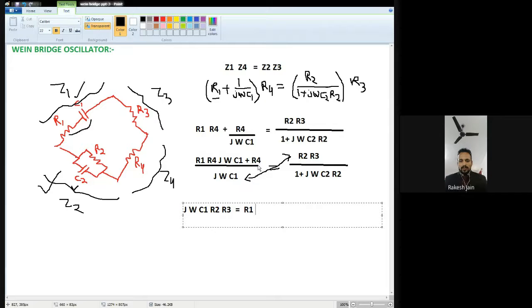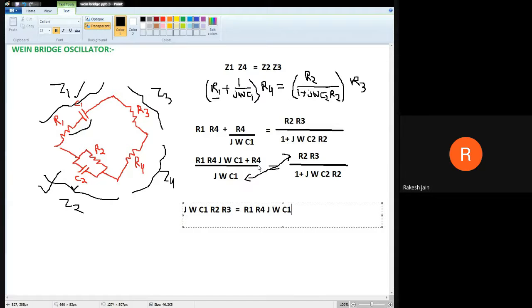So R1 R4 j omega C1 will be multiplied by 1 plus j omega C2 R2, and then the remaining term will be multiplied by j omega C2.